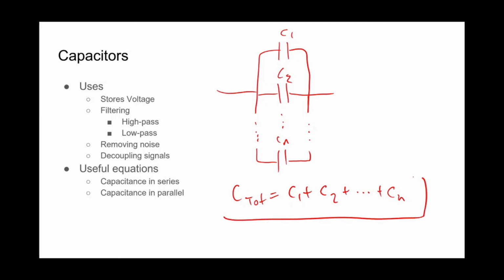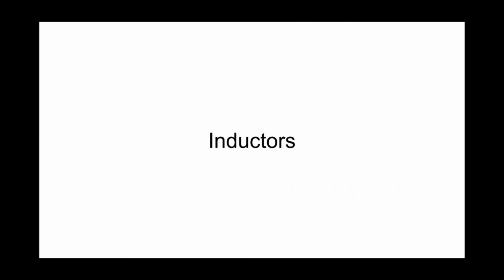Great. This is really nice if, let's say, you wanted to have an odd capacitance value, or if you wanted to filter out things at different frequencies, you could combine electrolytic and tantalum and ceramic capacitors if you really wanted to use tantalum. You could combine capacitors of different materials to get a better capacitance at a larger range of frequencies. And that's all we have for capacitors, so we'll move on to inductors now.